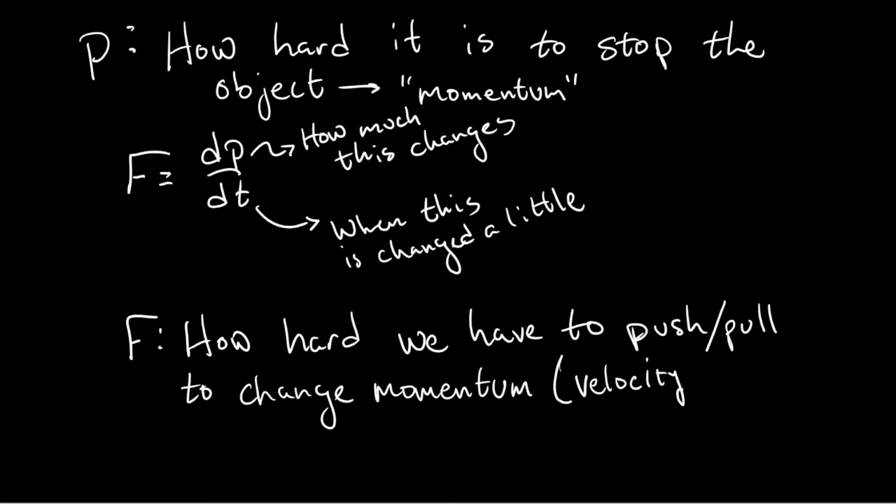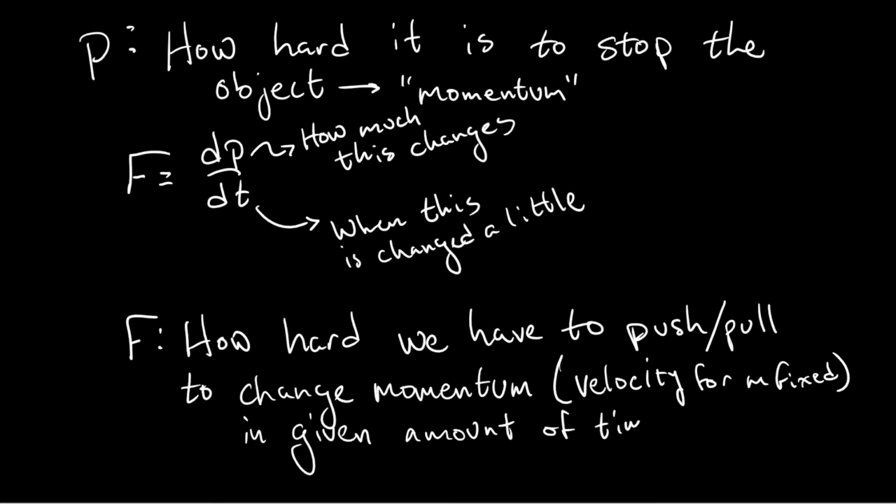If m is fixed, so if the mass isn't changing, then really I'm talking about how hard I have to push or pull to change the velocity of an object in a given amount of time. And this we just give the name of force. And so here the F actually makes sense.